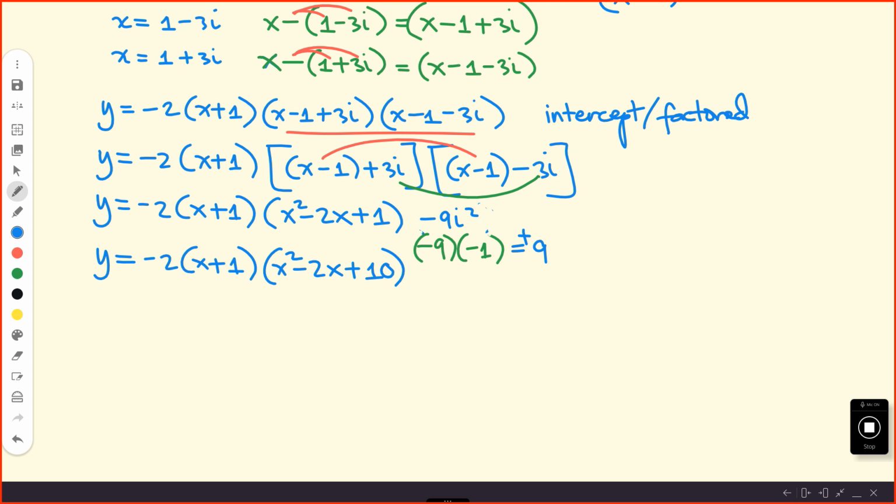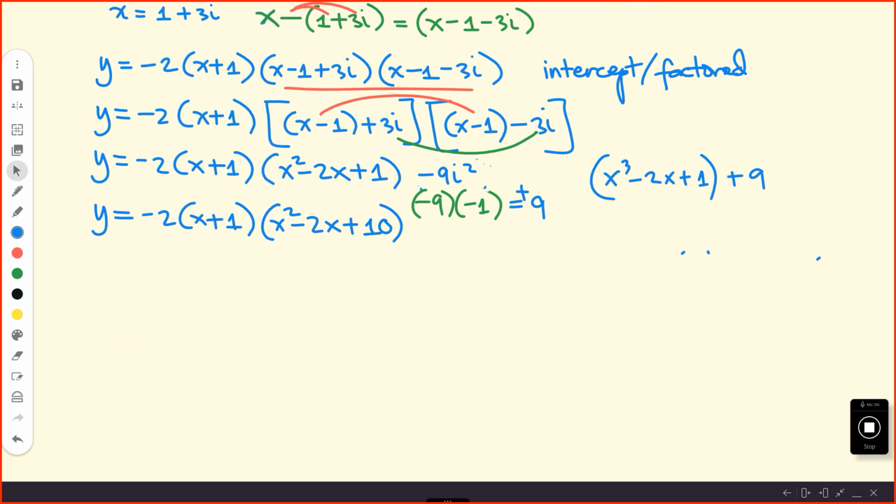I'm just going to say -9i squared. So you would just combine them. Yes. So again, this -9i squared is +9. So you can just write this as x squared minus 2x plus 1 plus 9, which makes it 10. Okay? All right?